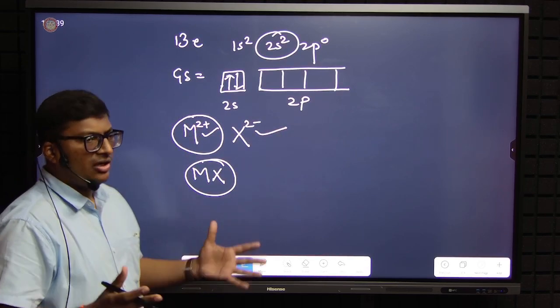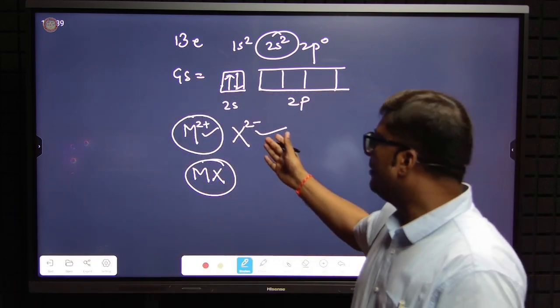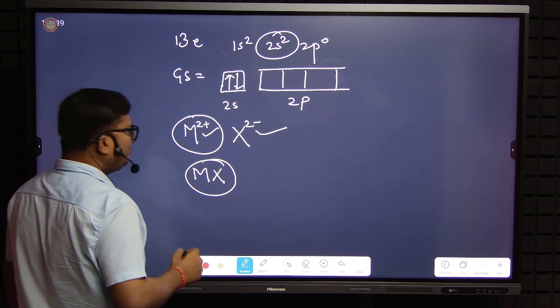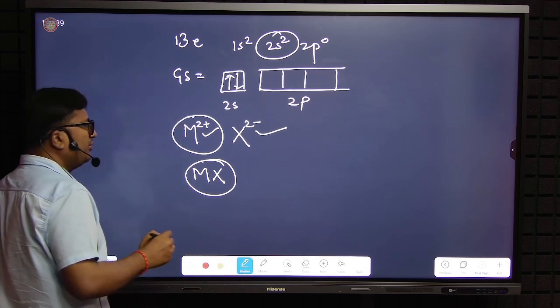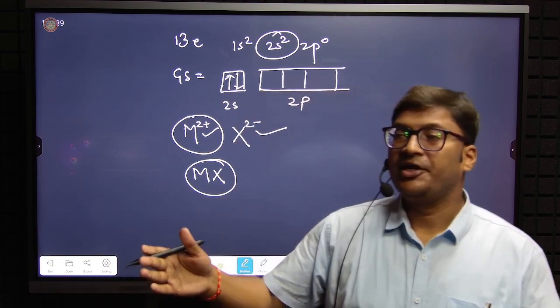Because of the two electrons in the s orbital, they can be easily removed to form M2+, so it can form compounds with a species having double negative charge.